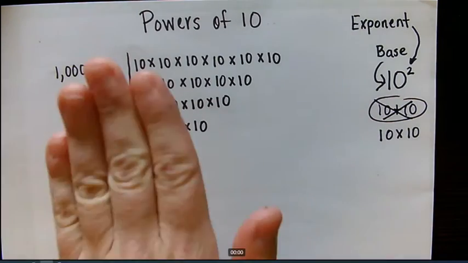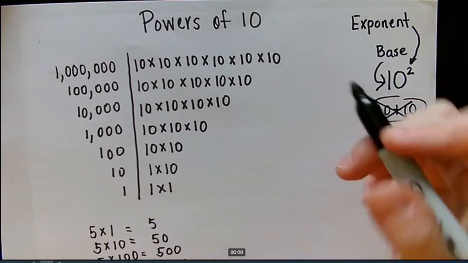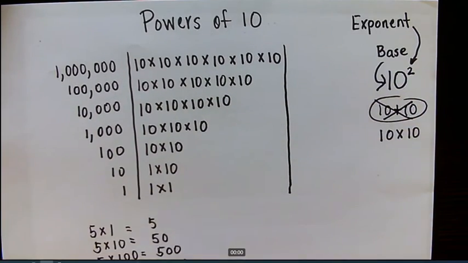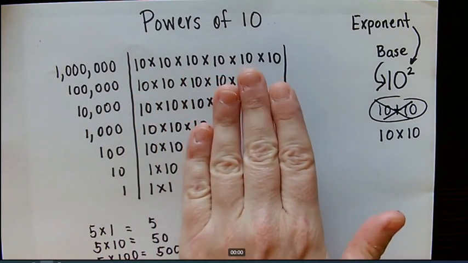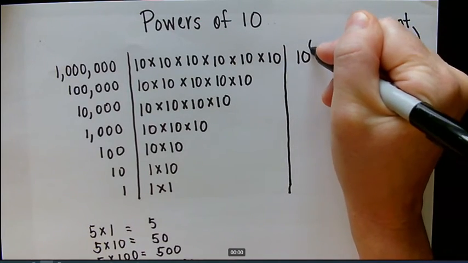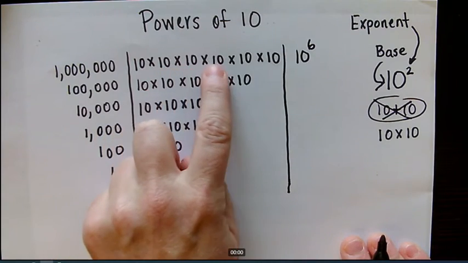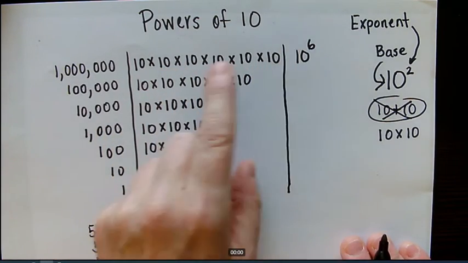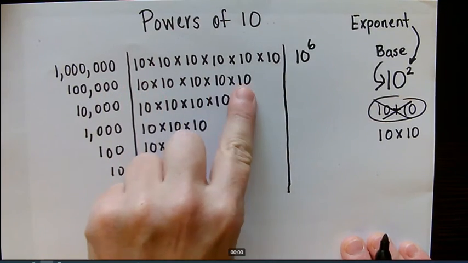All right, so instead of writing out all these zeros, mathematicians have come up with an easier way to write the powers of 10. So instead of doing 10 times 10 times 10 times 10 times 10 times 10, we just say 10 to the power of 6. How many tens do I have? 1, 2, 3, 4, 5, 6. 10 to the power of 6. 100,000 has 1, 2, 3, 4, 5 tens.